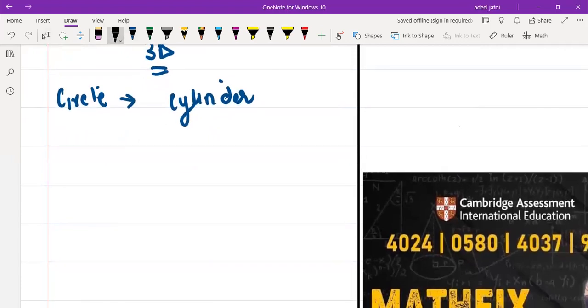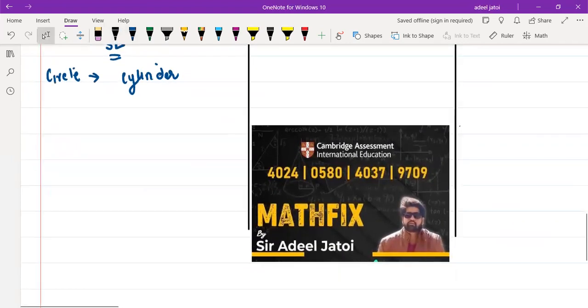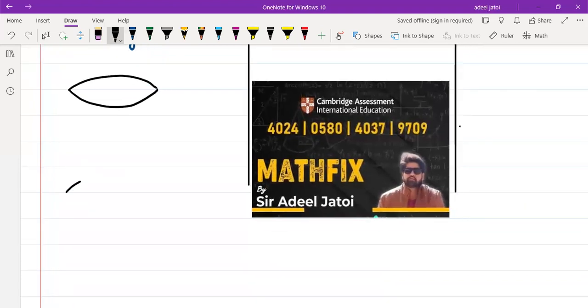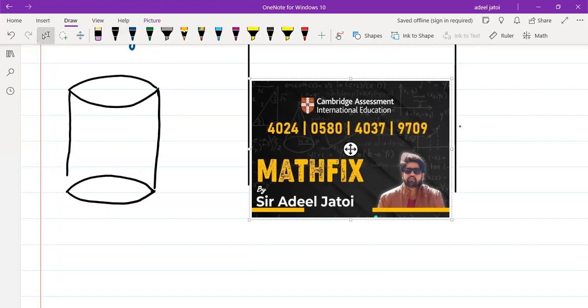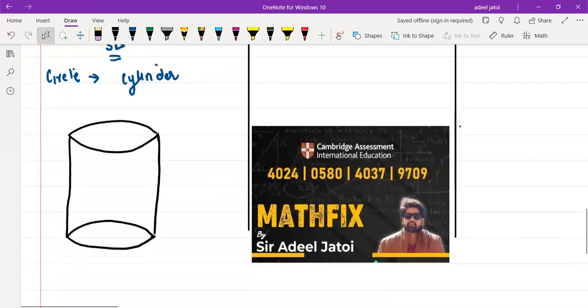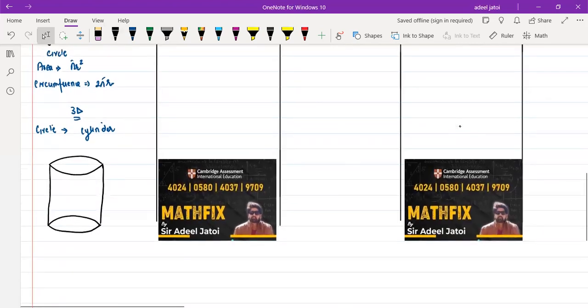Now, if we just draw up a cylinder diagram, you need to understand the entire cylinder. So this is your circle. Let's say this is your circle as well. And there's a line that joins up the two circles. Now you can see that a cylinder is there, but what does this cylinder give me?